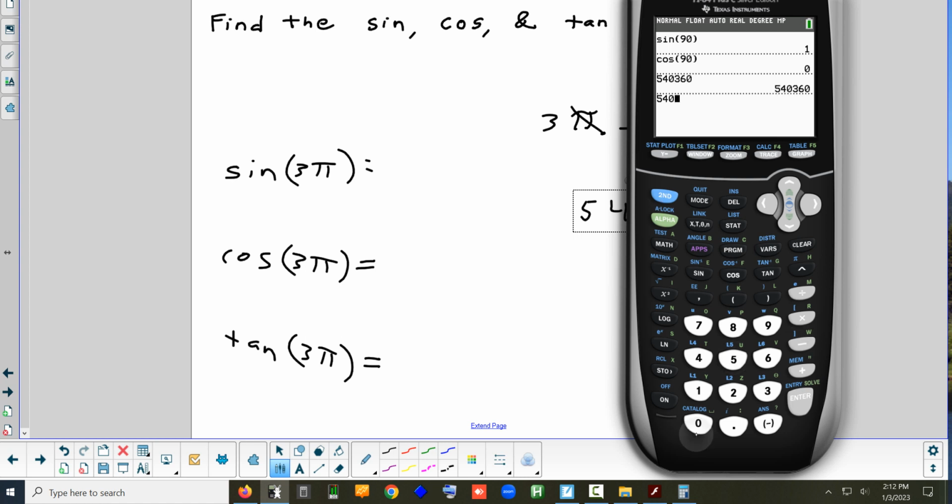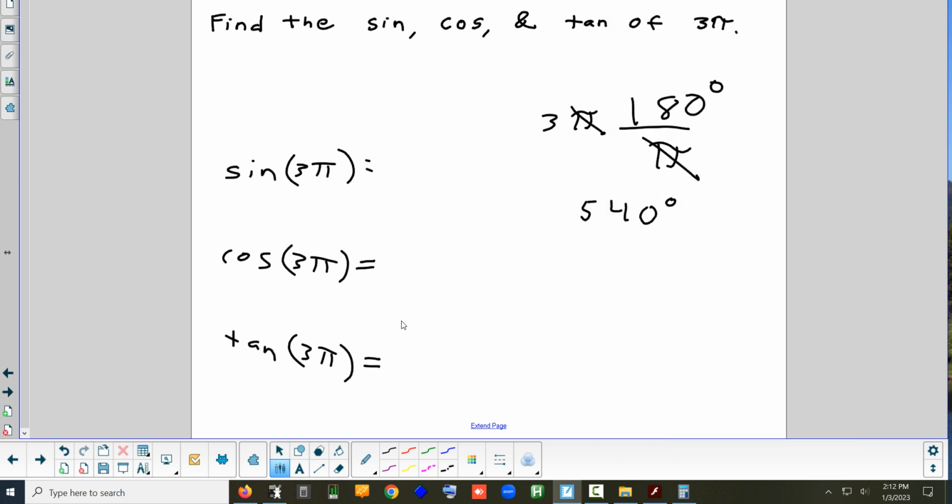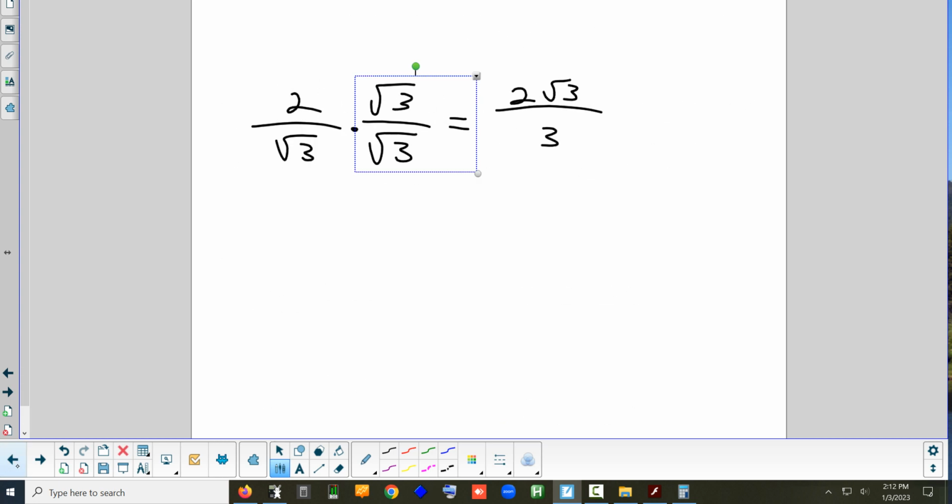Let's try it. 540, take away 360 is 180. So what I'm really working with in this problem is a 180 degree angle. I need the coordinate for 180 degrees.